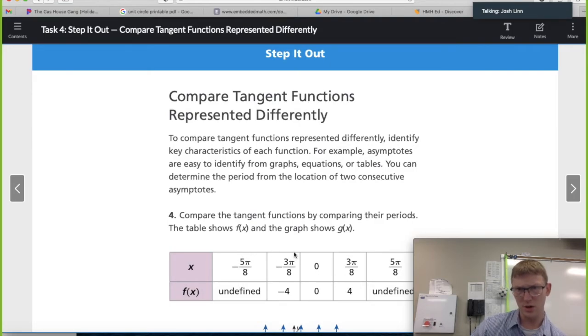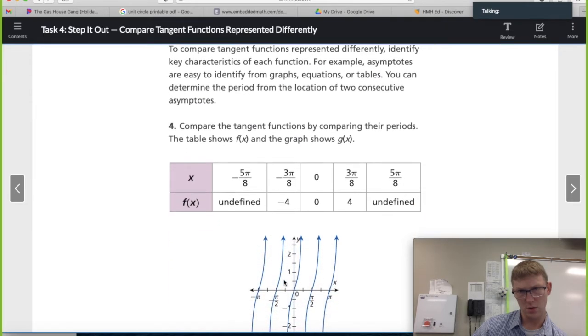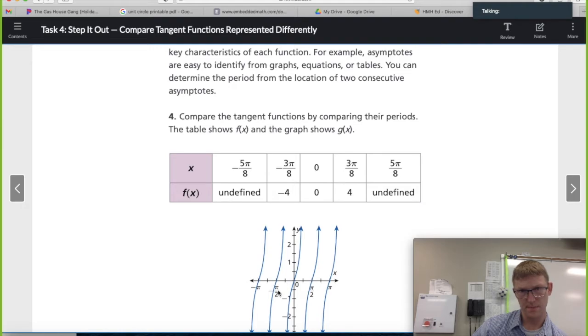So in this case, the period is 1. No. Yeah, 1. Right? So asymptote. Yeah, it's 1. Starts at negative 5 pi over 8.